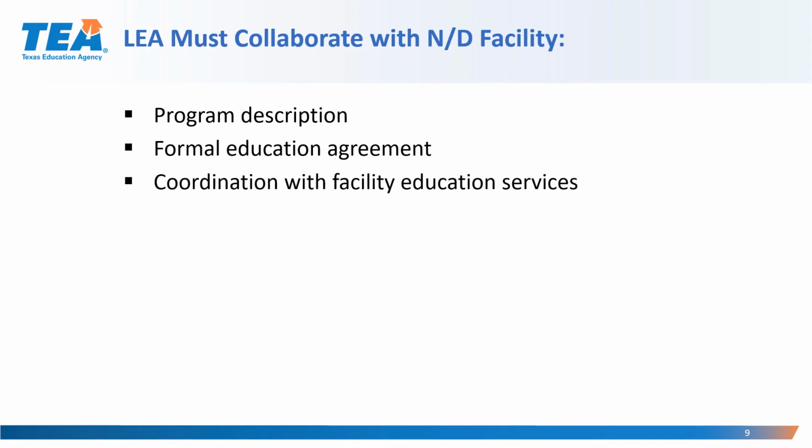It must also provide a description of coordination with facilities working with delinquent children and youth, ensuring their participation in comparable local school education programs. The LEA must provide a description of programs to facilitate successful transition of children and youth returning from correctional facilities and provide the type of services offered.